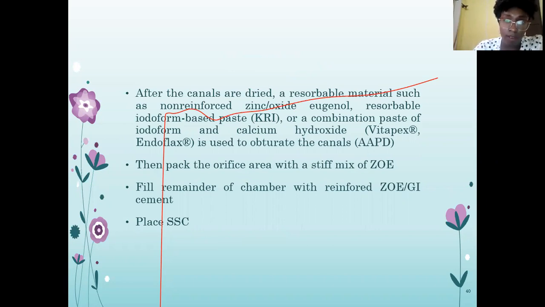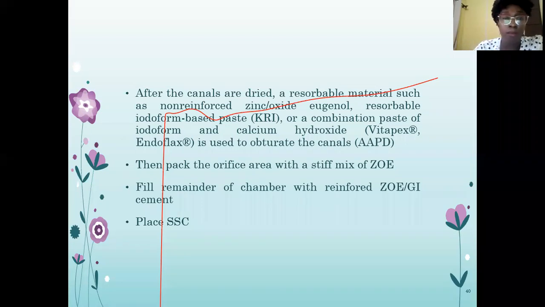I've not seen Endoflax, but it's also used to obturate canals. Thereafter, after you've obturated, you pack the mixture. If you've seen Vitapex, they are pastes. So if you're mixing your zinc oxide eugenol, mix it as a paste, not as a stiff mix, and introduce it into your canals.